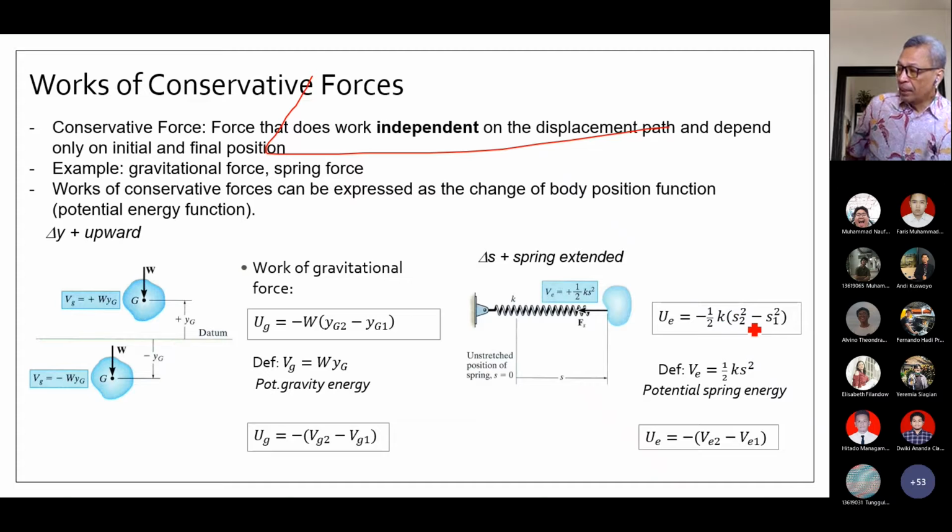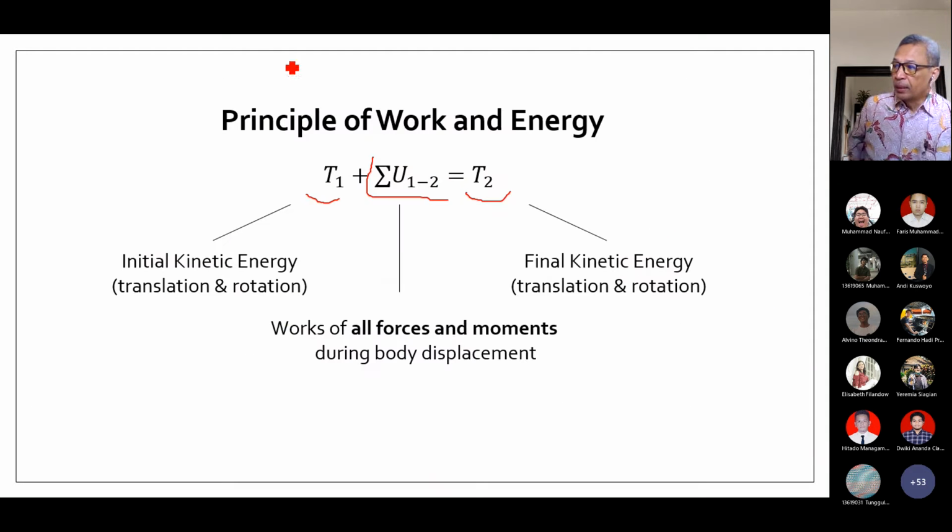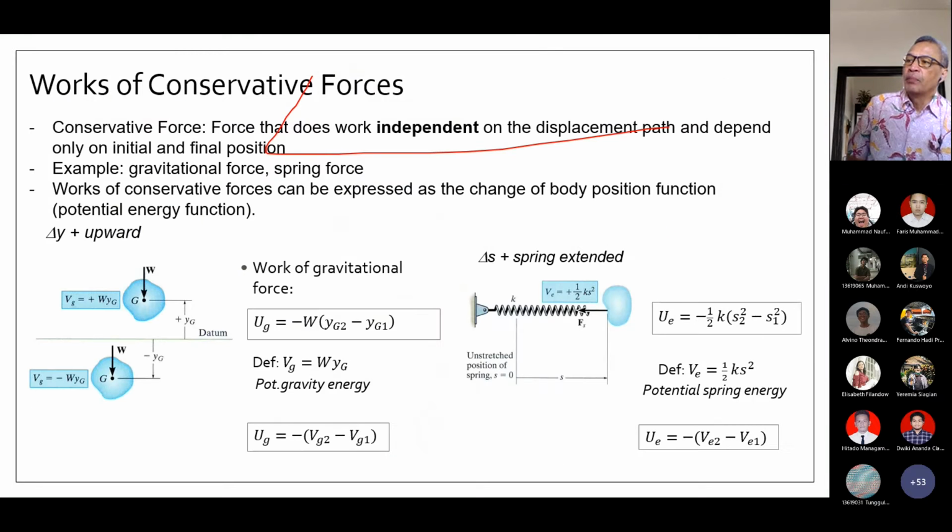Nah, kalau kita definisikan setengah K S kuadrat sebagai energi potensial spring, maka kerja oleh gaya ini bisa kita nyatakan sebagai minus selisih energi potensial spring. Jadi persamaan yang tadi itu bisa kita nyatakan dalam bentuk alternatif yang lain.